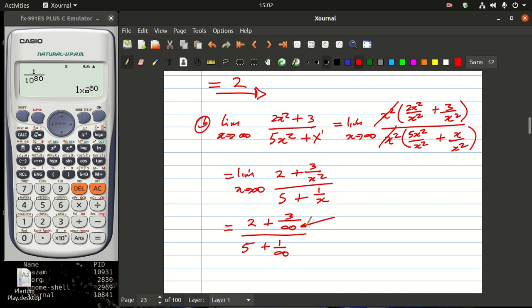Take note that this one was infinity squared, which is the same as infinity times infinity, and this is a determinate form, and it was equal to infinity. Now 3 over infinity, we know that any constant divided by infinity is 0, so we end up having 2 plus 0 divided by 5 plus a constant divided by infinity, which is just 0, so this limit is 2 over 5.